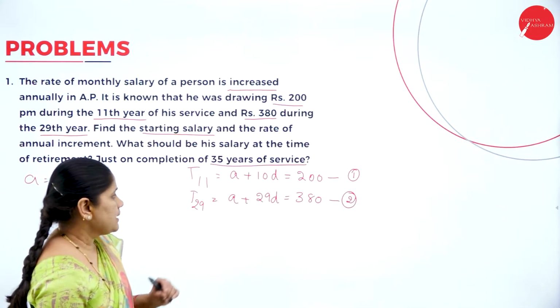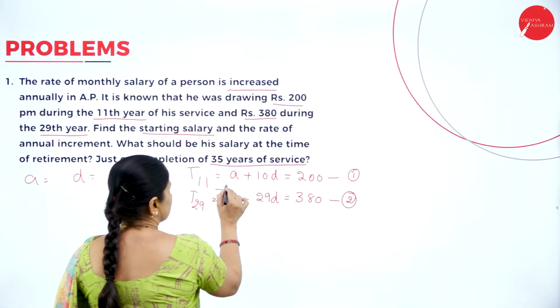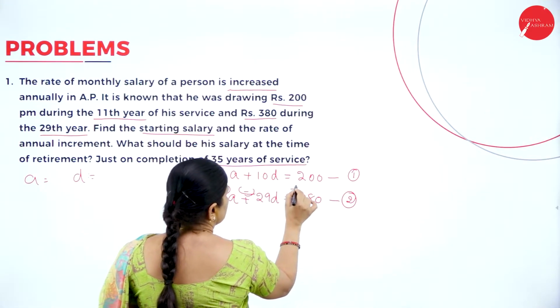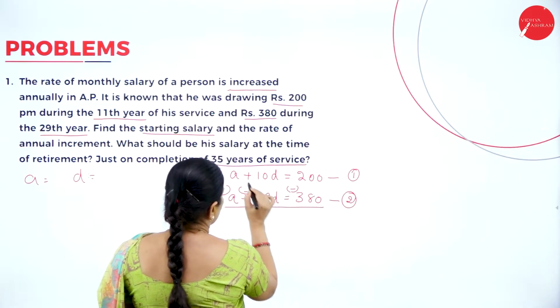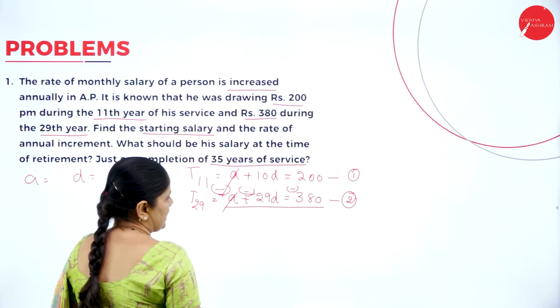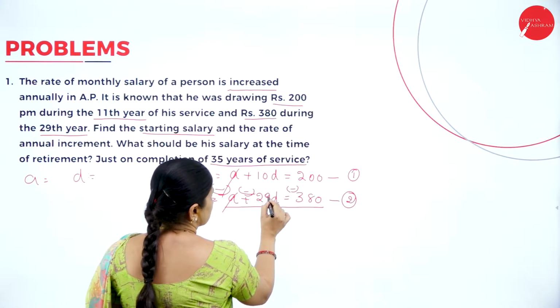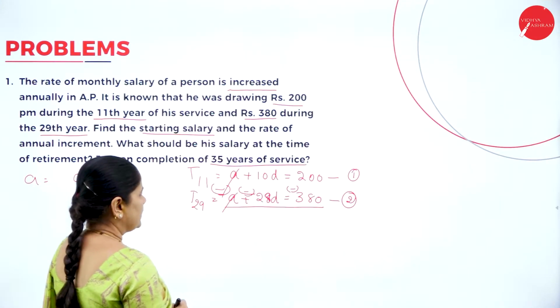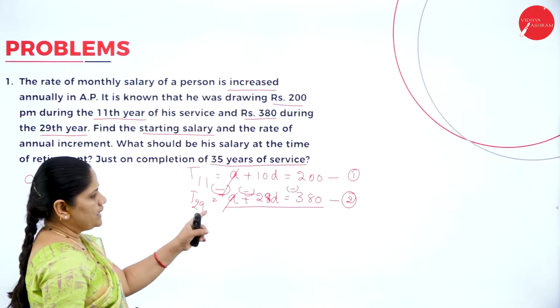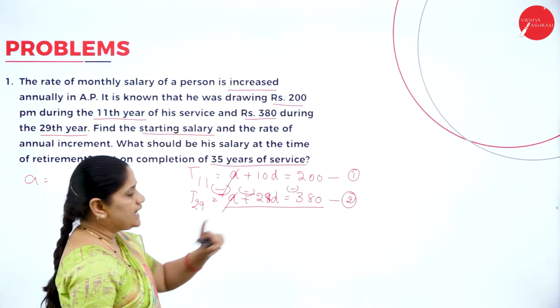Now, when we subtract equation 1 from 2, A minus A gets cancelled. T29 means A plus 28D.